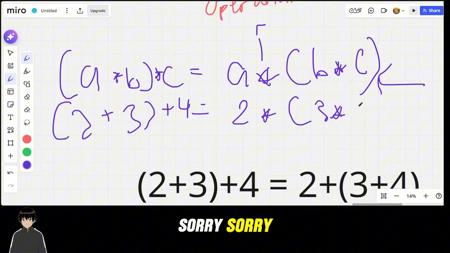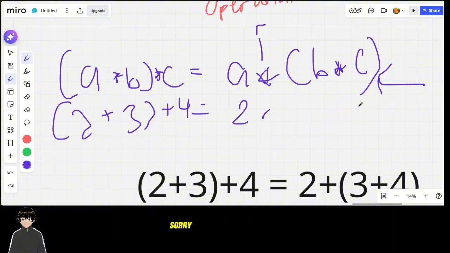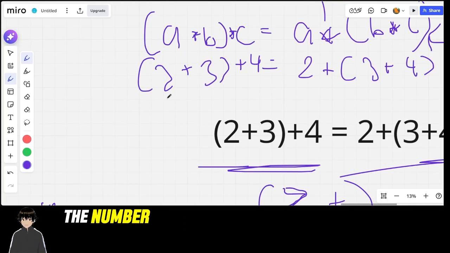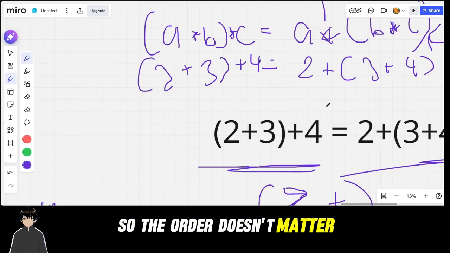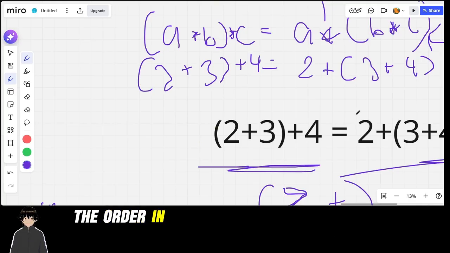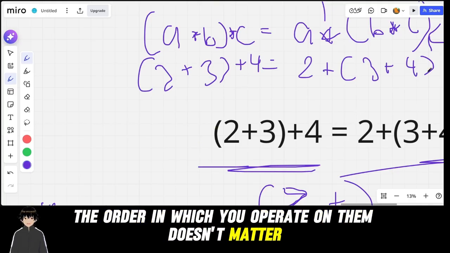Whatever the number here should be equal here, and vice versa. So the order in which you operate on them doesn't matter.